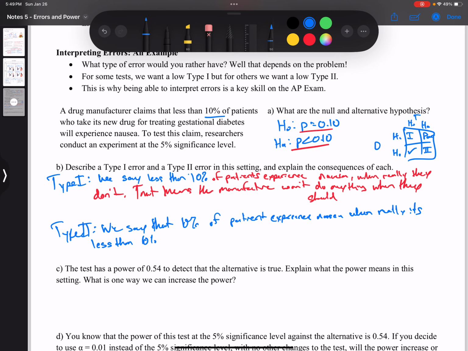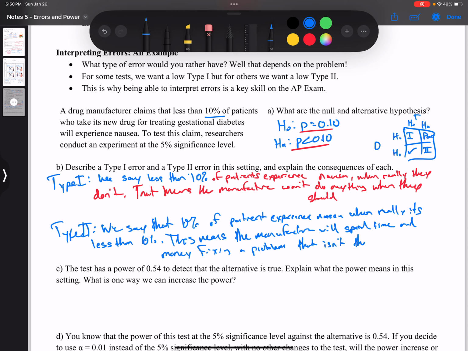And if we say that they are 10% and the drug is actually making it less than 10%, we shouldn't be doing anything because it's working. So the manufacturer will spend time and money fixing a problem that isn't there.